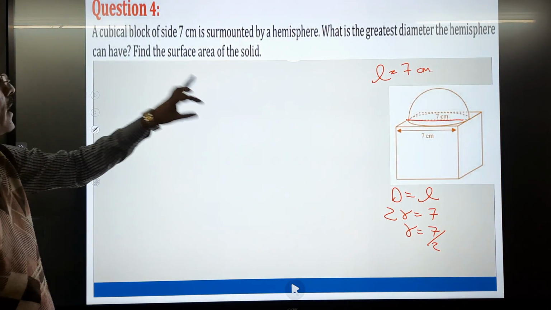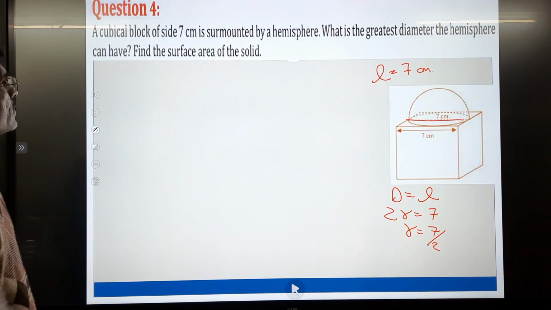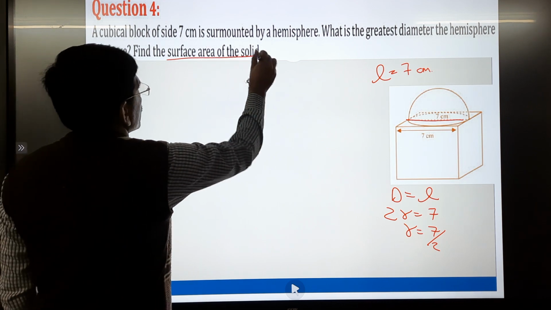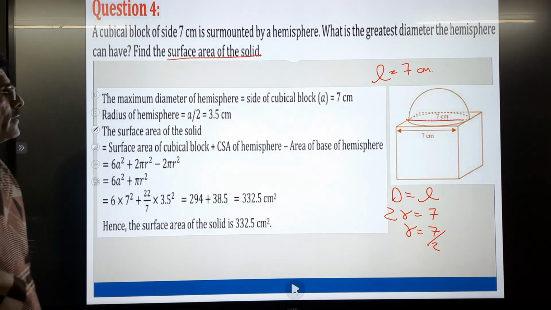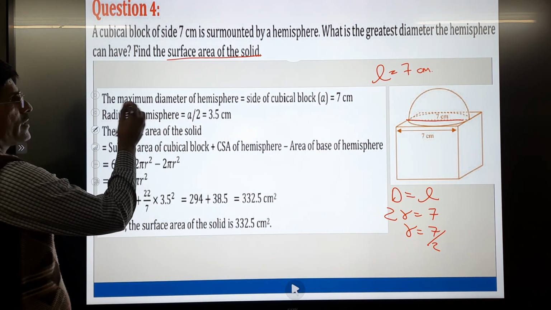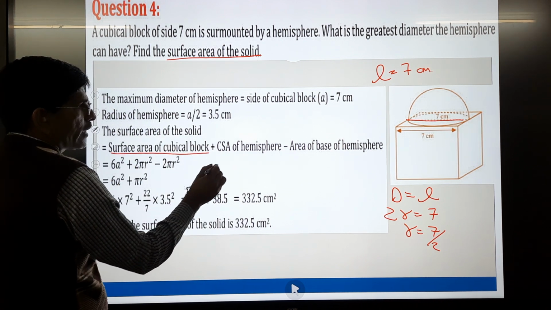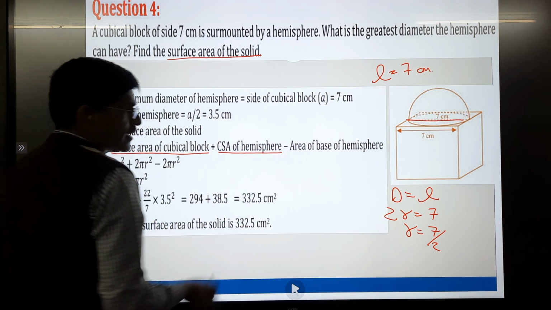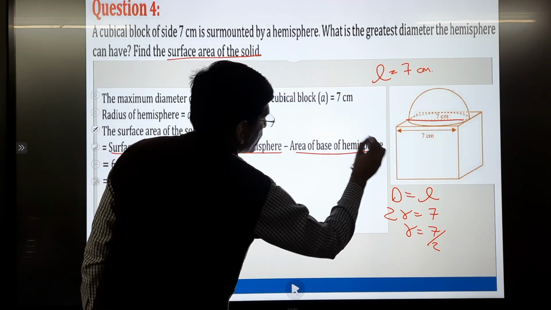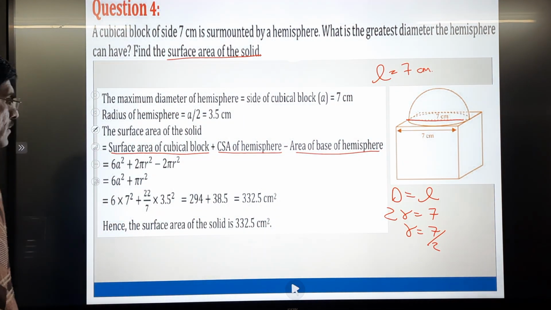Now what is the greatest diameter? We have already discussed that. Find the total surface area of the solid. So what do we have to use? Total surface area of the cubical box plus curved surface area of the hemisphere minus area of the base.